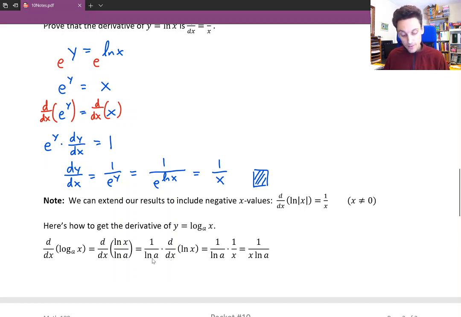So we have 1 over ln a times the derivative of ln x, and the derivative of ln x we just proved a moment ago was 1 over x. Multiplying these two together, we get 1 over x ln a, which is exactly our derivative shortcut for log base a of x. So those are the derivatives of exponentials and of logarithms.